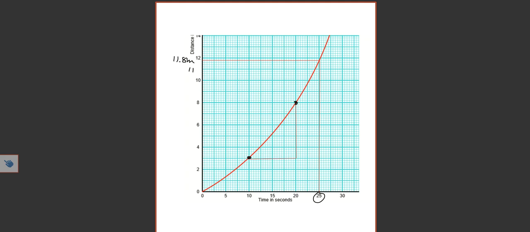Do you notice that? So how do I write the change in distance? Delta. So delta distance and delta time. That's big delta, yeah. So we've got delta D.